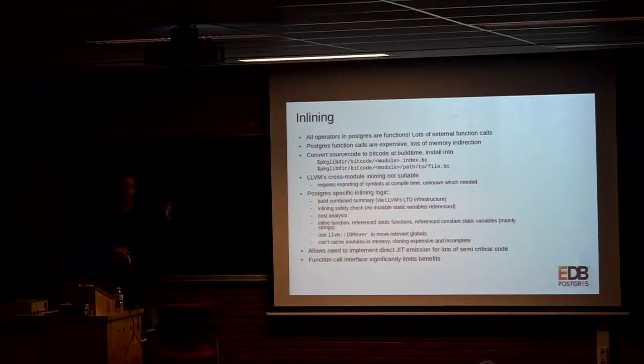But for that to happen, we need to be able to get at the source code of the function that we call. And luckily, as I mentioned before, Clang can generate IR for all the Postgres code. So at build time, what I've done is that we generate LLVM IR for all the Postgres code and install that in a server directory, and build indexes to know in which of those files is the code for that and that function.